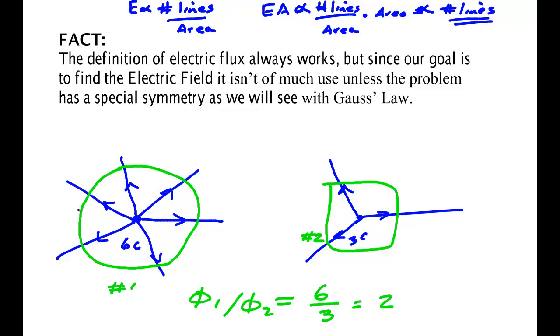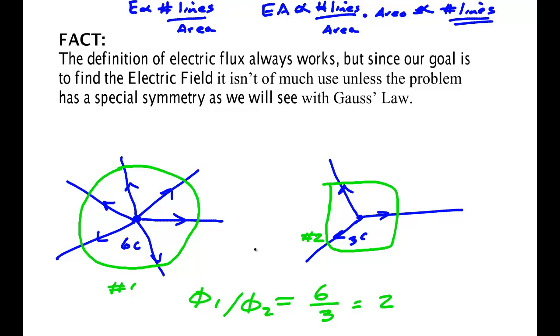There is twice as many field lines here crossing the surface of my green box as there is crossing the surface of this rectangular box. Even though the calculations of the electric field may be different and the areas are different, if you just talk about flux, you're talking about line number. Twice as many lines left here as left there.